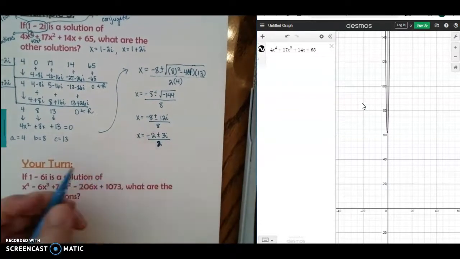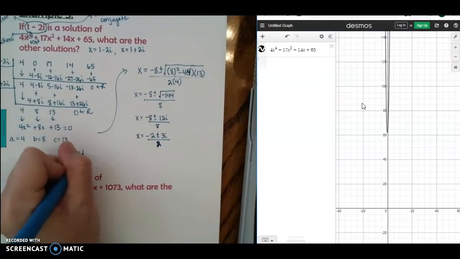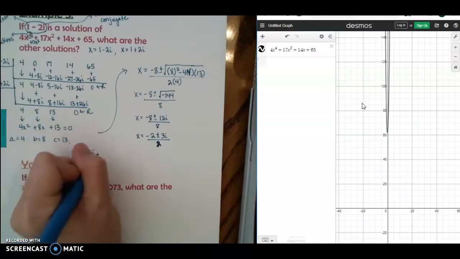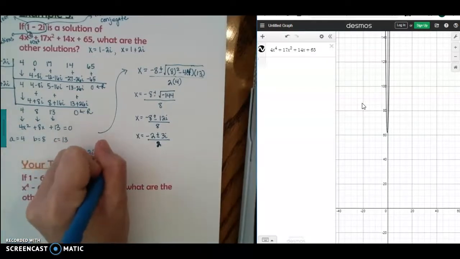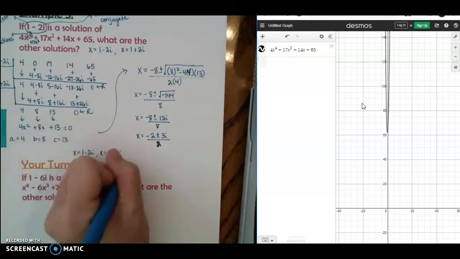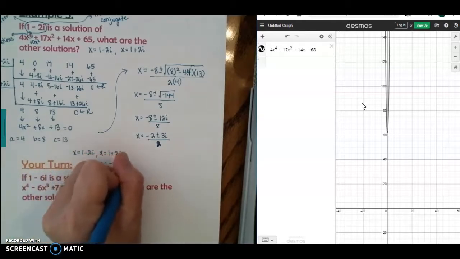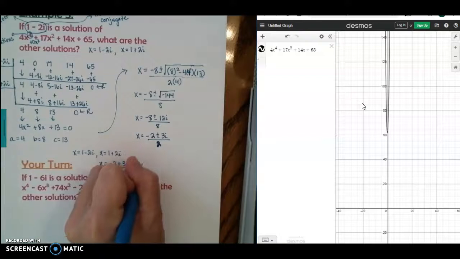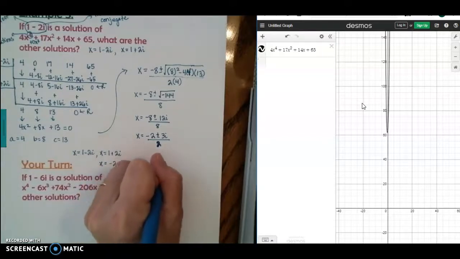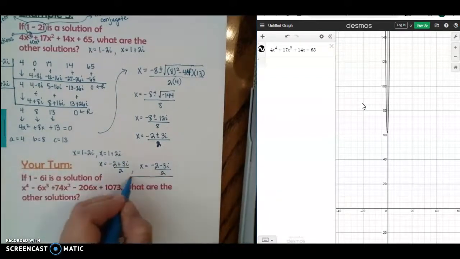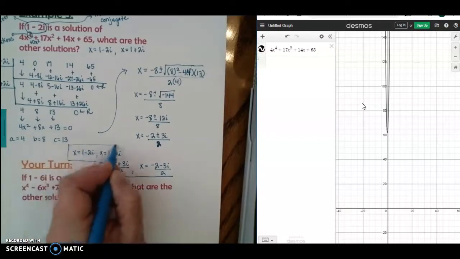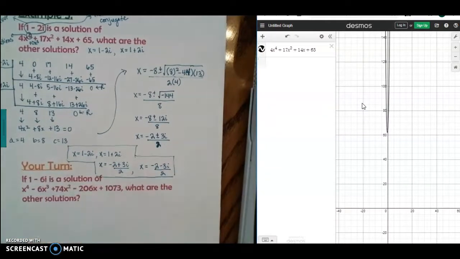So for your 4 solutions, you have x equals 1 minus 2i, x equals 1 plus 2i, and then x equals negative 2 plus 3i over 2, and x equals negative 2 minus 3i over 2. So here's our 4 solutions to that problem.